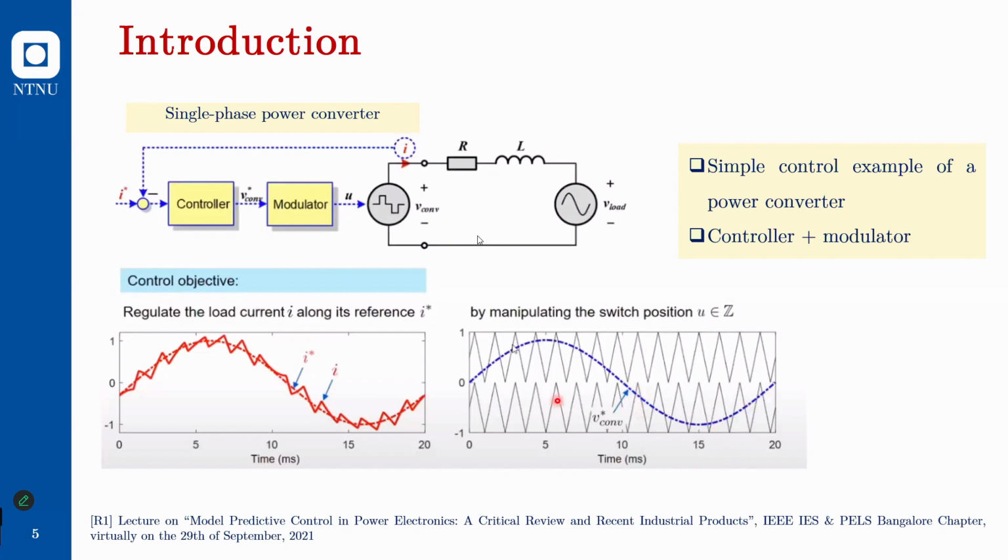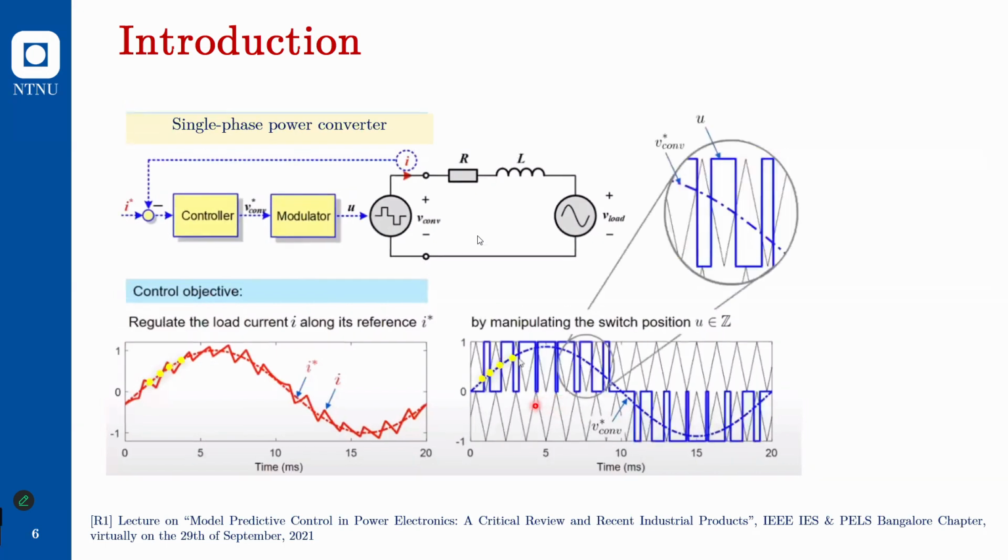With that logic, if we do the sampling at the point of intersection, you can notice we are neglecting the current ripples, and we end up getting the fundamental component only.